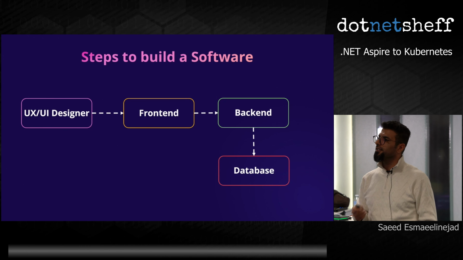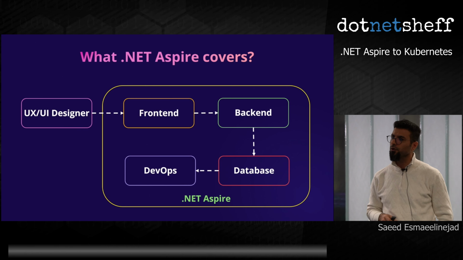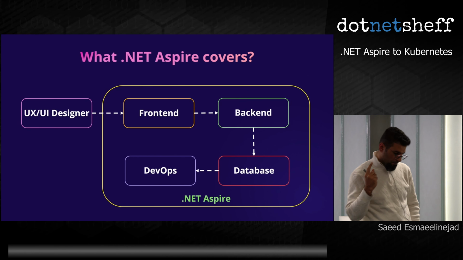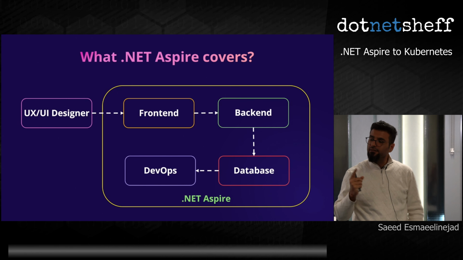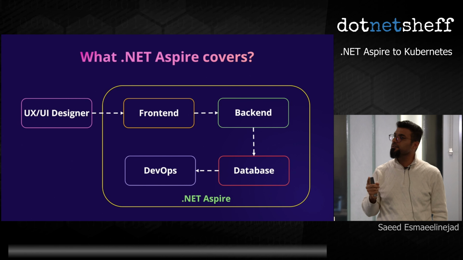These are the steps that .NET Aspire can help you cover, and you can easily integrate these steps and also deploy your project at the end. You can see the way it is helping developers is really cool.